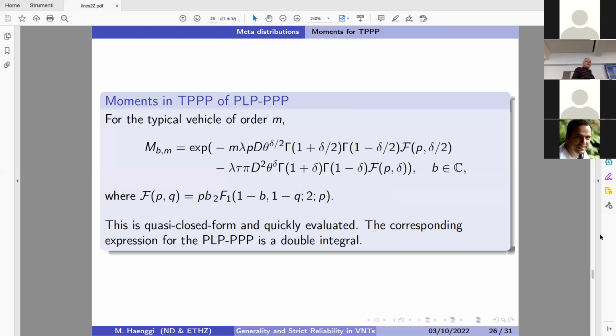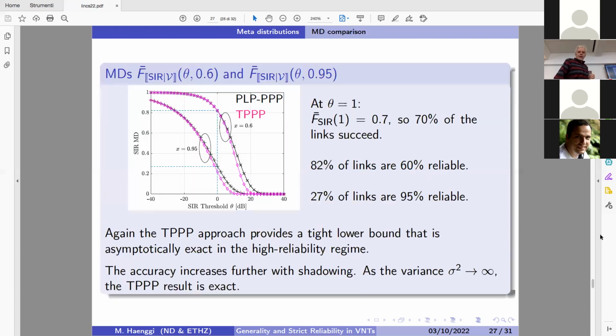But still, we can call this quasi-closed form, and we can evaluate this quickly. And of course, if we went back to the PLPP, we have a double integral to start with, and then that gets further complicated by the arbitrary moment that we would like to calculate.